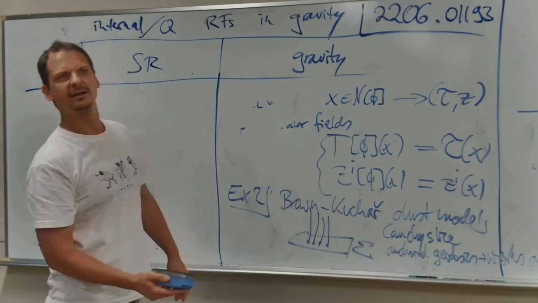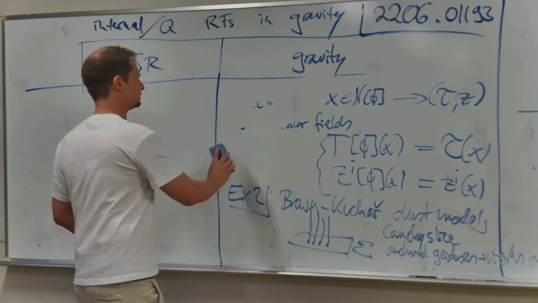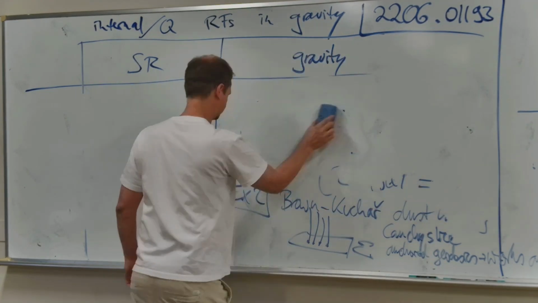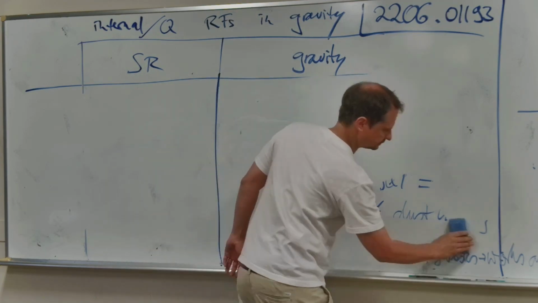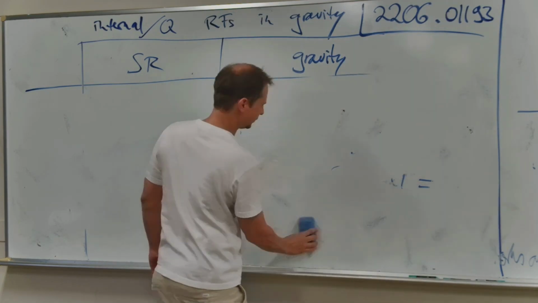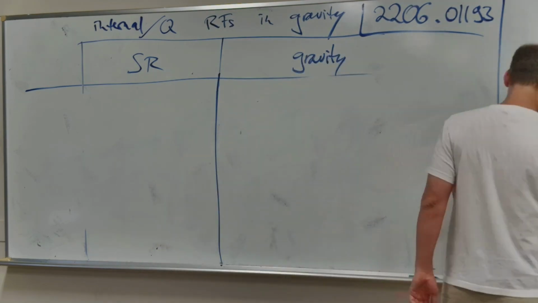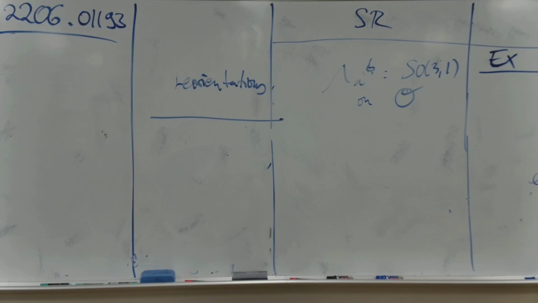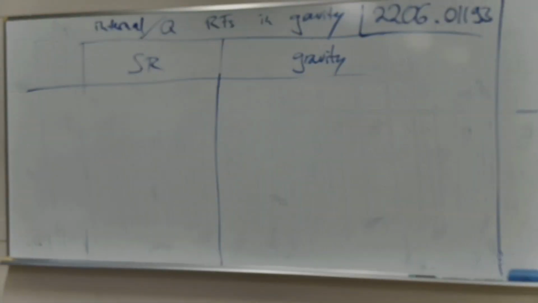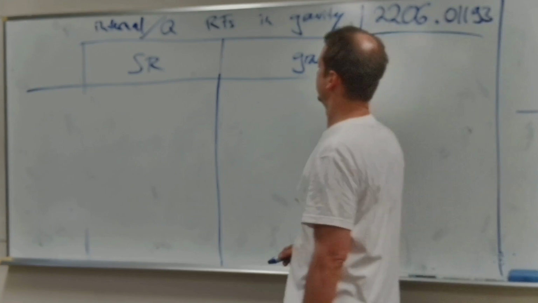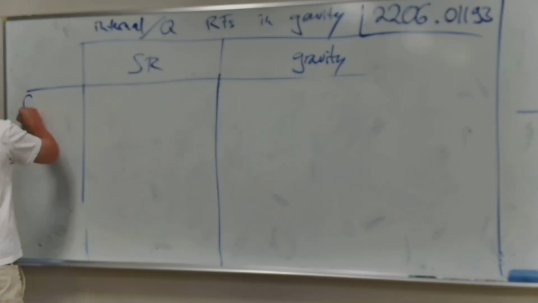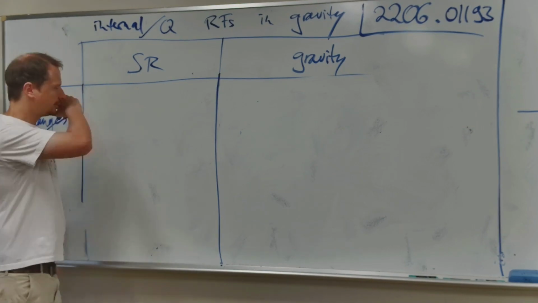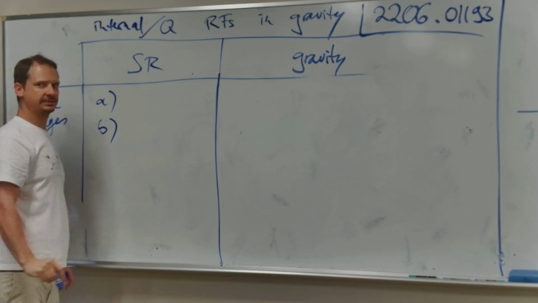Now, I guess we're now done in principle. Let me just do the frame changes and then I can finish. I think that's still an important part. And remember we have these two ways of doing it.